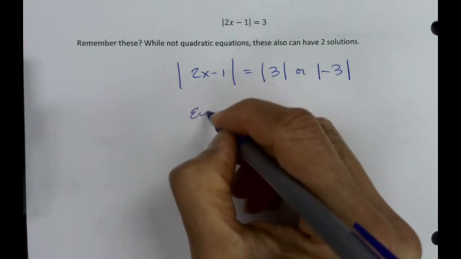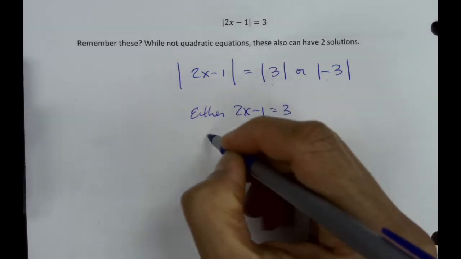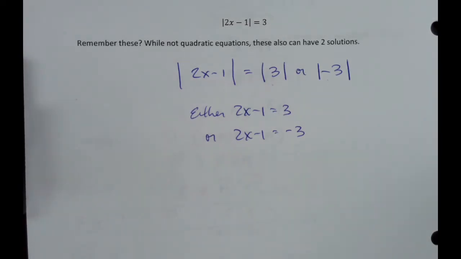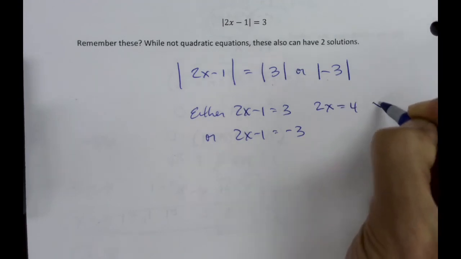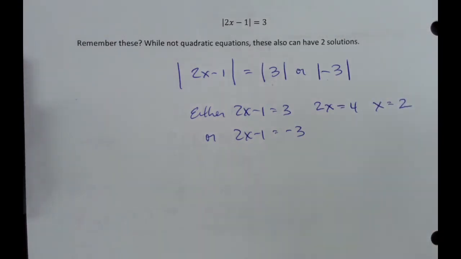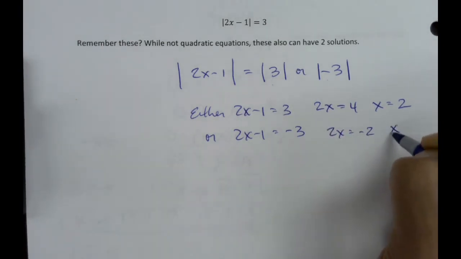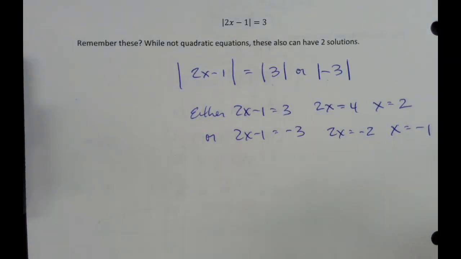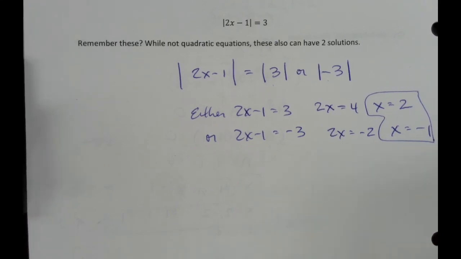So either 2x minus 1 is indeed 3, or 2x minus 1 is negative 3, and we can solve each one of these. 2x is 4, or x is 2. And then for the second one, 2x is negative 2, or x is negative 1, right, if I add 1 to both sides. And so those are my 2 answers.